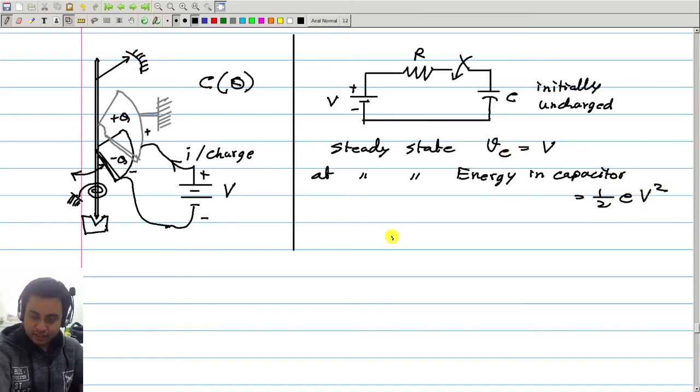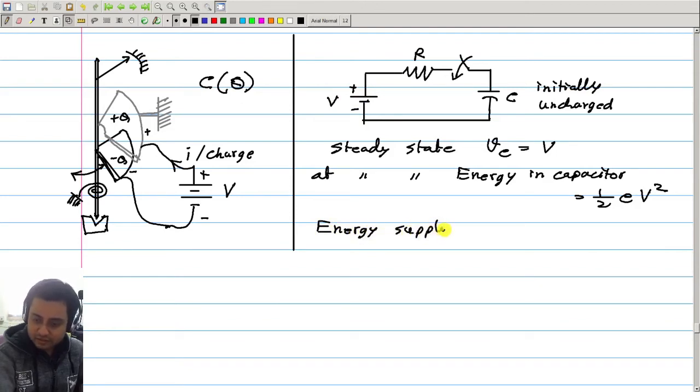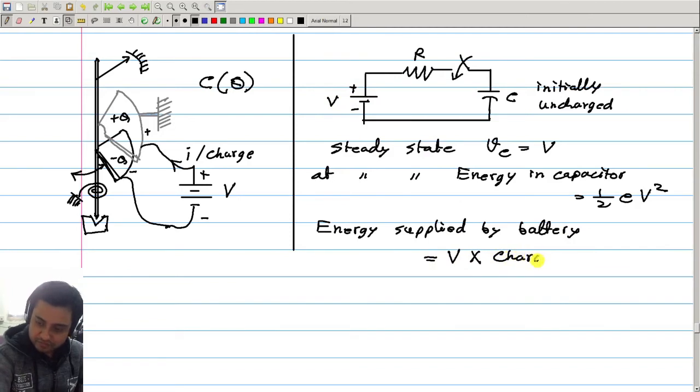Okay, but now if you calculate the energy supplied by this voltage source, so energy supplied by battery, how much is that? That will be this voltage multiplied by the total charge supplied. And how much charge is supplied?